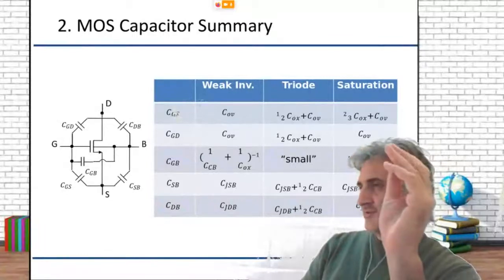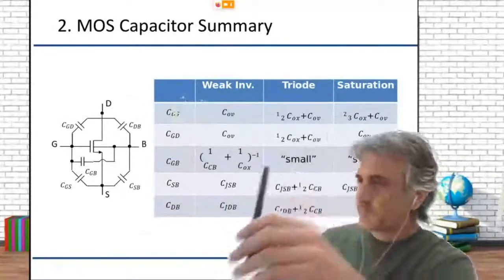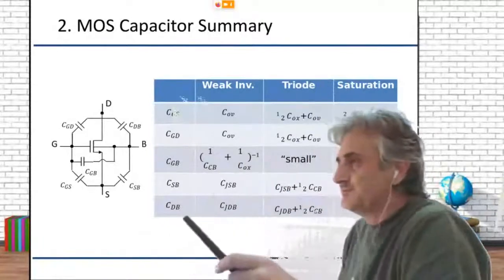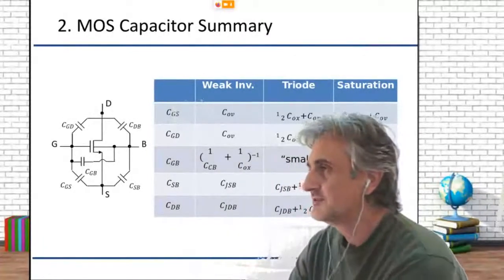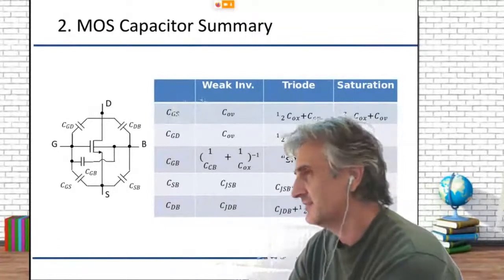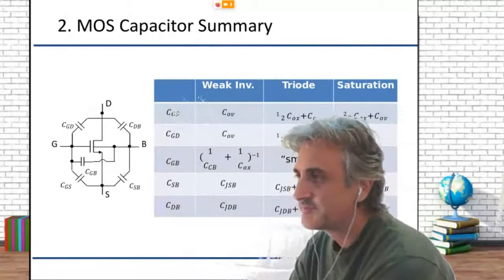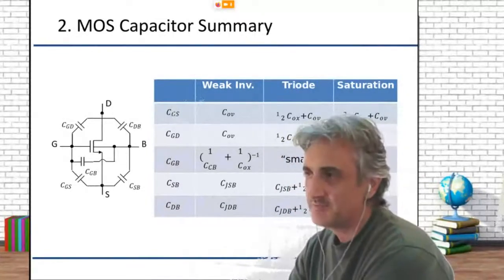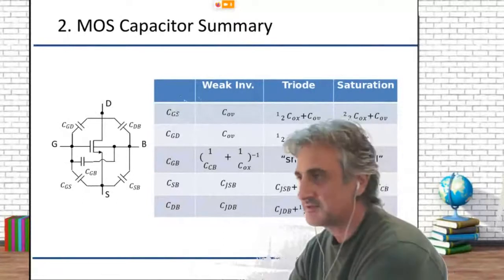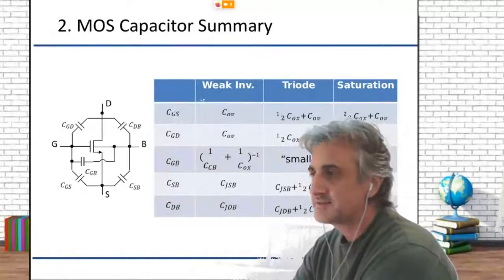Notice that here I'm already adding everything. In weak inversion, what we have for the gate and between the gate and the source and gate and drain is basically the overlap, which depends on the technology and how we are fabricating that. For CGB, the gate and the bulk in weak inversion, that means under the threshold, we get something that tends to COTS.